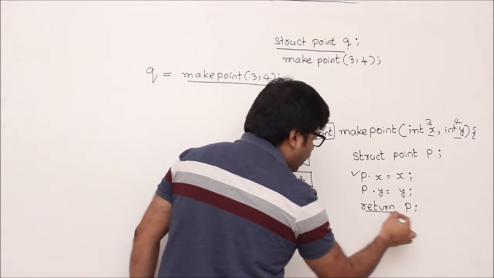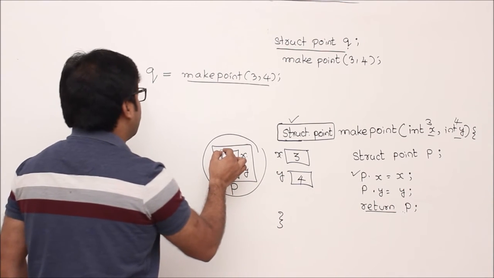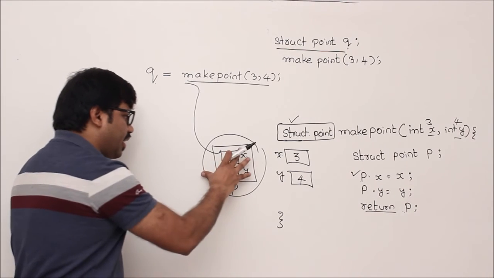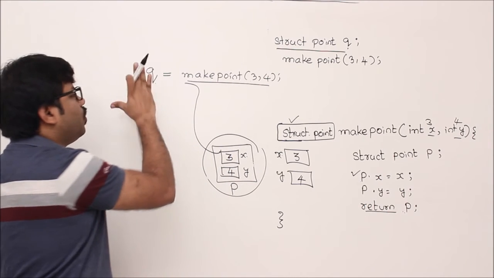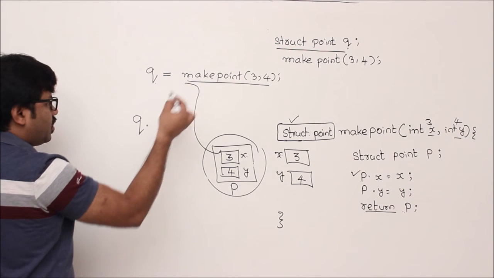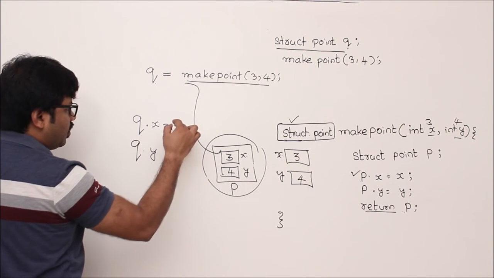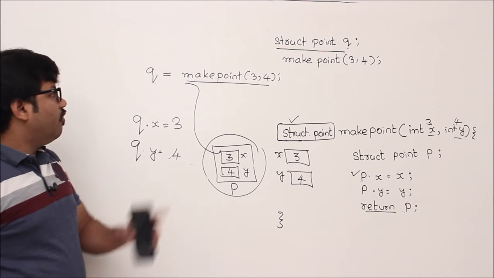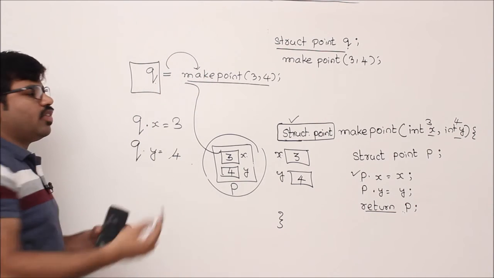Then we are returning P, this entire P, to Q. When you do that, this entire value, that means the structure, will be copied to Q. Q also will have X and Y, so Q dot X will get 3 and Q dot Y will get 4. In that way, we can initialize Q using a function call. That is what I want to teach.